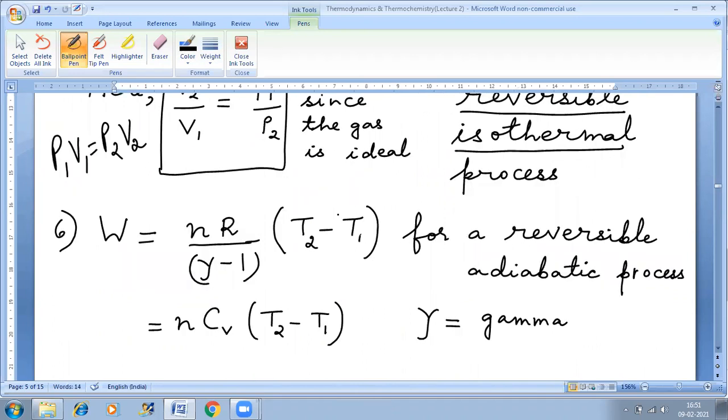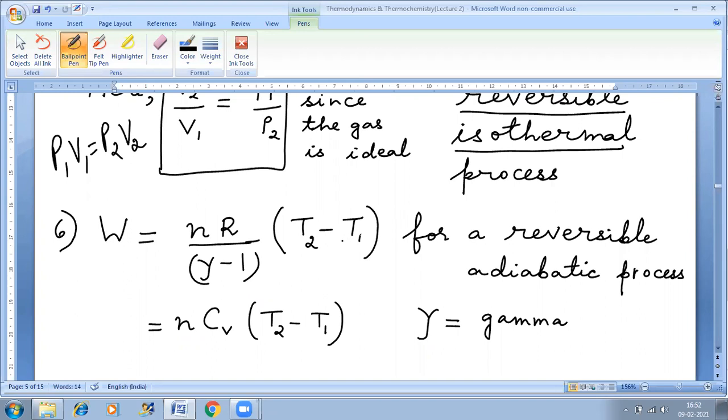For a reversible adiabatic process, this is the formula of work done. n is again the number of moles. R is 8.314.